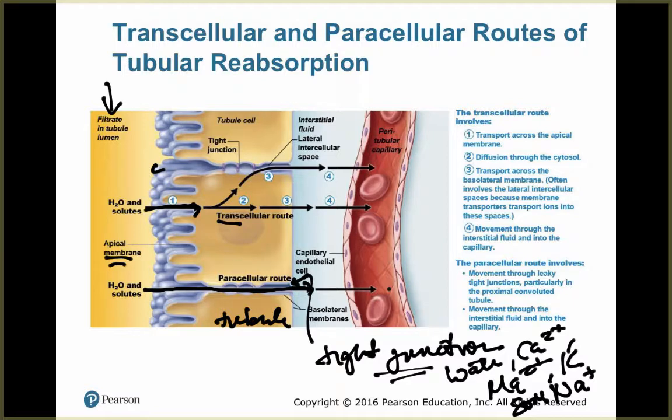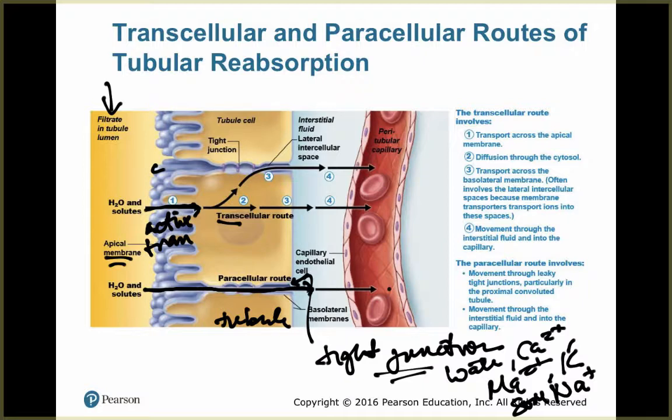Now, when we go through here, these are going to use proteins that are active transport, and they're secondary, which is symport. And we're going to talk more about that in a second.